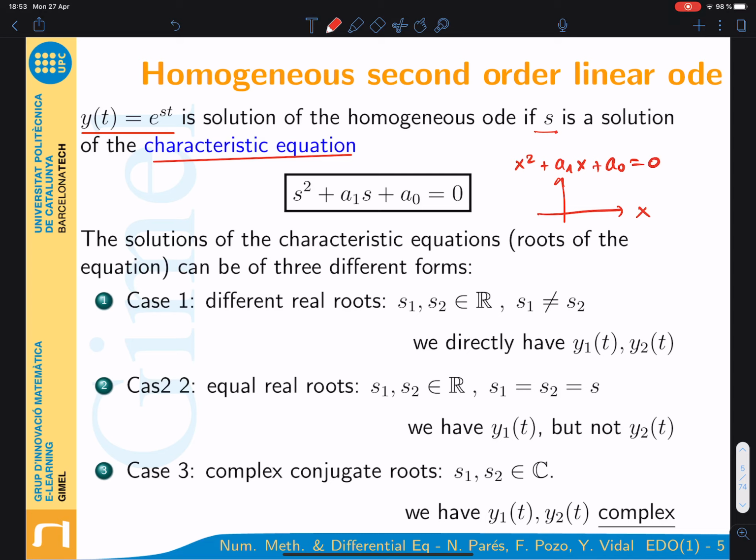Well, I'm sure that in this case, it's very clear to you that it can happen that it doesn't cross the x-axis at all. Maybe it will not cross, but touch the x-axis once, or maybe I will have a parabola that will cross the x-axis twice. So we know that this second-degree equation can have 1, 2, or no solution at all in the real numbers.